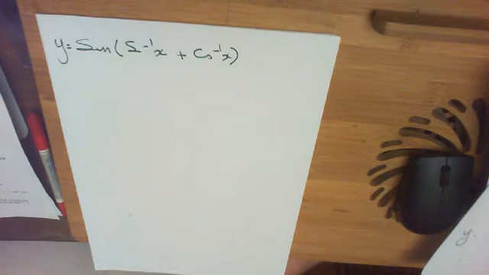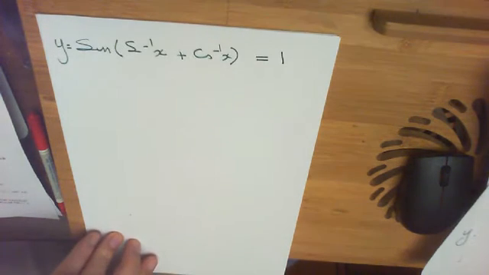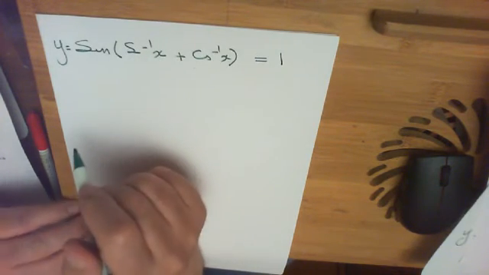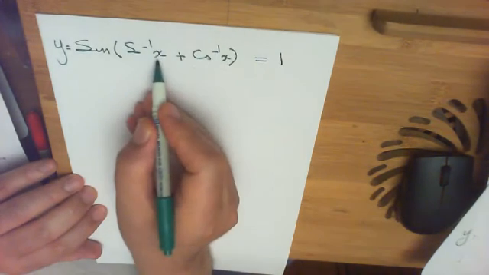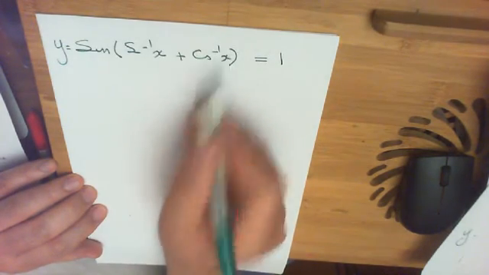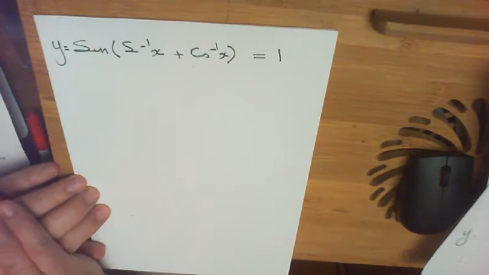How? This is 1. How come? Sine minus 1 is an angle whose sine is x, and cosine minus 1 is an angle whose cosine is x.